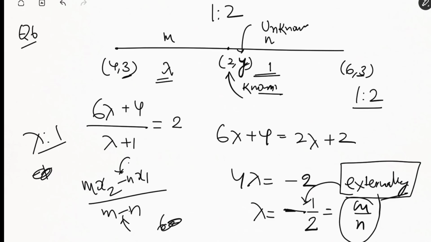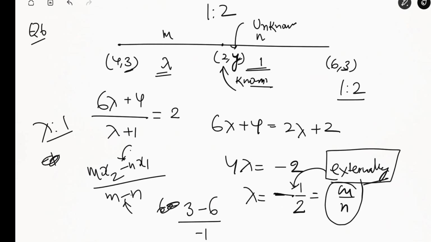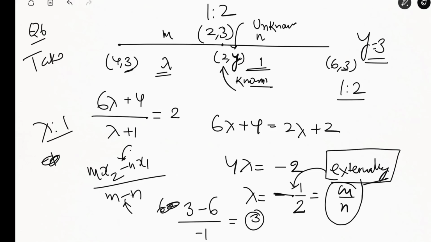So 1 into 3 is 3 minus 2 into 3 is 6, over 1 minus 2, negative 1. So that will be negative 3 over negative 1, that is 3. So the answer is 3. This coordinate will be (2, 3). What are the takeaways? Use lambda is to 1. Whenever this is negative, this is external division.